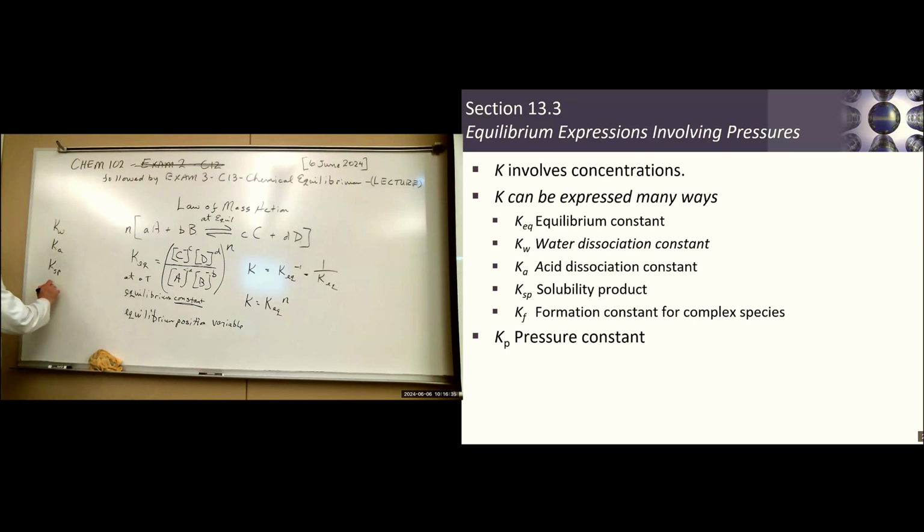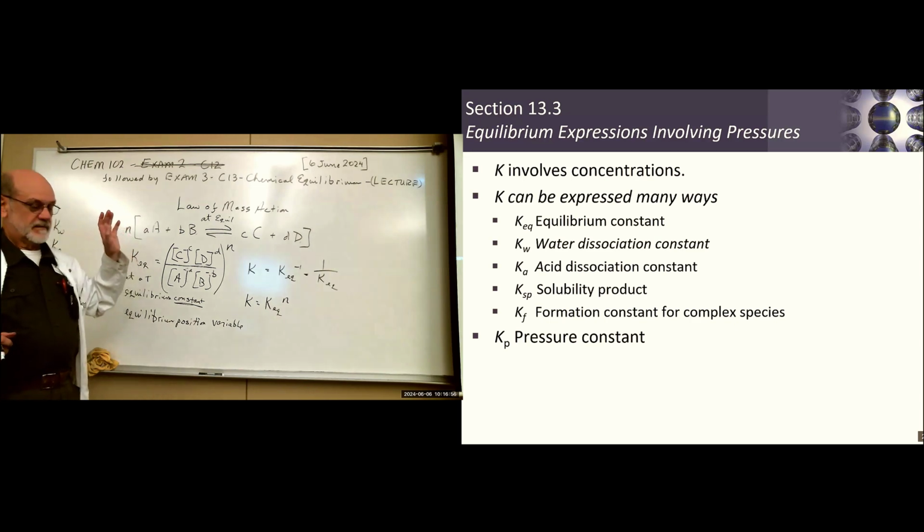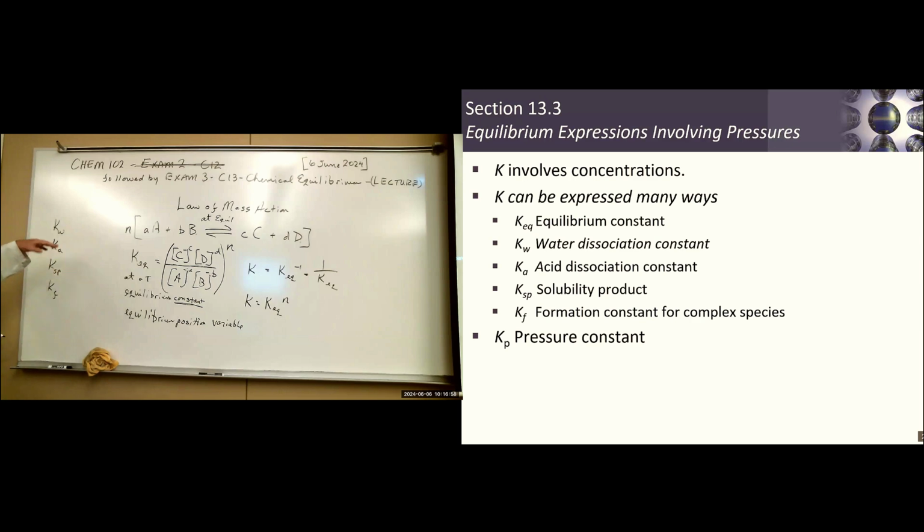And then in 17, I think this subscript is a formation constant for a complex ion. Actually, we get that in 16 also. Excuse me. Both of these we'll look at in 16. So these all have different meanings. Oh, and if we have a KP, that's where we use the partial pressures. Okay.